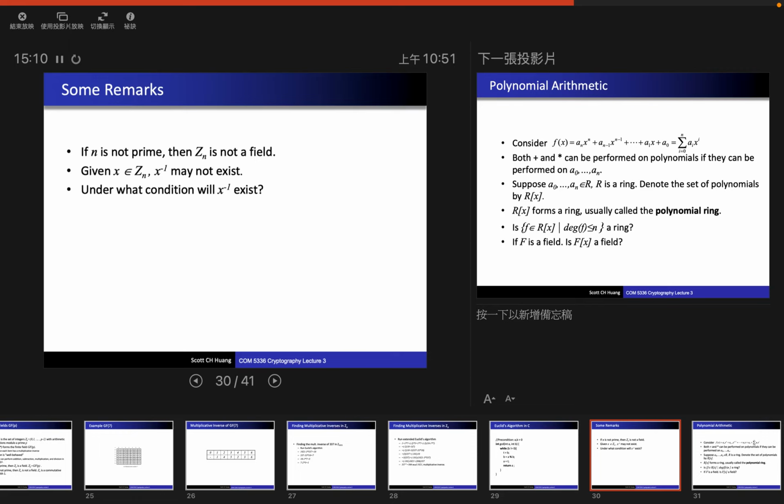These numbers won't be relatively prime with 6. So those calculations cannot be applied. So then they're useless. Okay. So in that case, the inverse may not exist. These factors will not have inverse. So under what condition will x inverse exist? It's easy, yeah. Only when x is relatively prime with n.